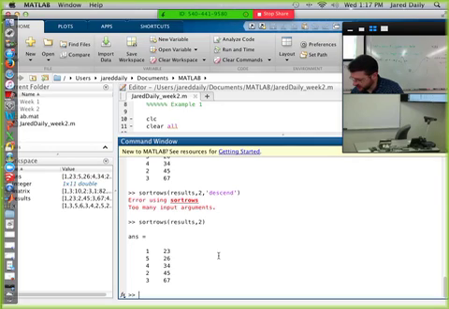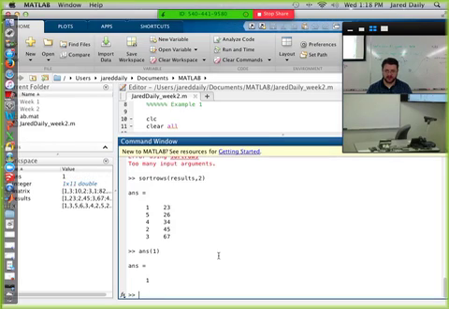I don't know if I can do that with the sort rows. I'd have to probably split them up into 2 different things, and then I could do it. And that's possible. So for example, if I take my answer here, and I take the first column, so answer 1, first column.